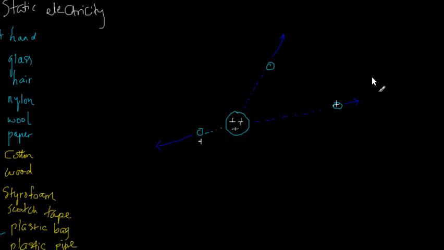So this is a region of space in which an electrical force from this bigger ball can act. Now, such a region of space has a name. It is called a field. A field is a region of space in which a force acts.